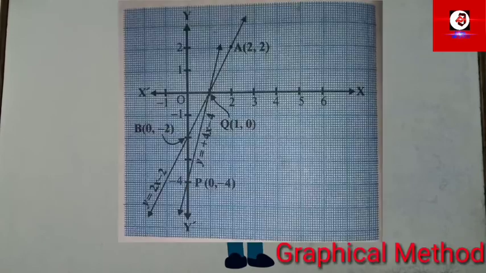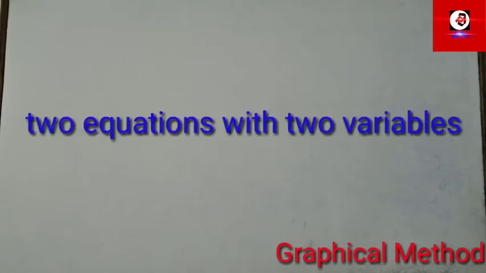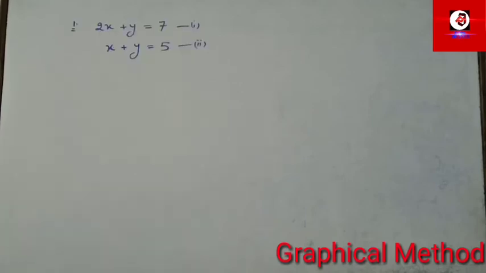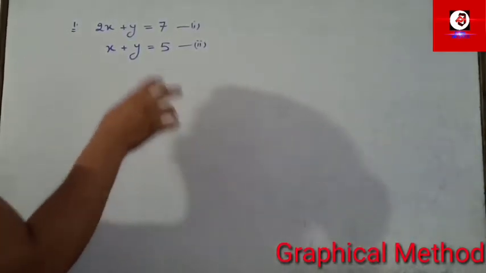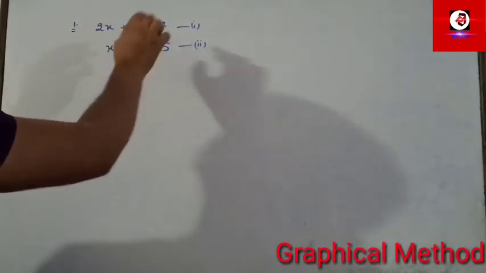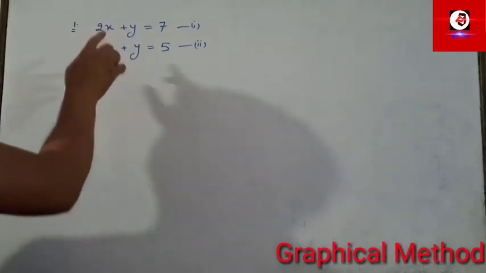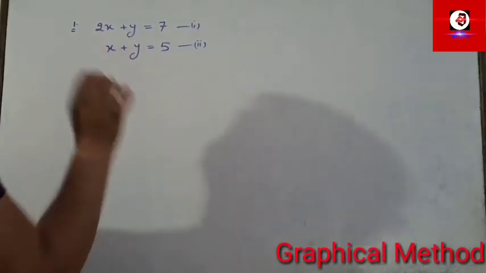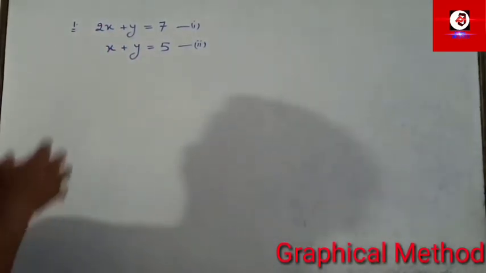First method is graphical method. In this method we have 2 equations of 2 variables. Let's see. We have 2 equations, 2x plus y equals 7 and x plus y equals 5.